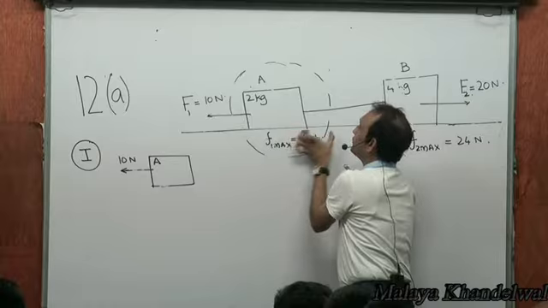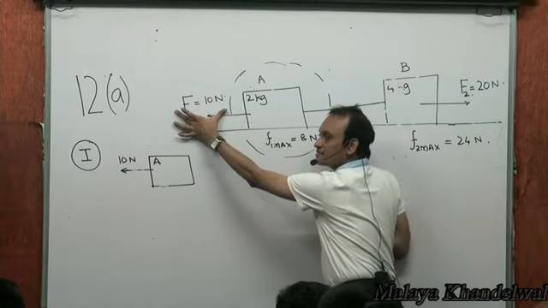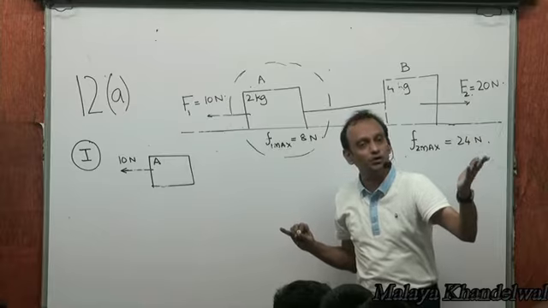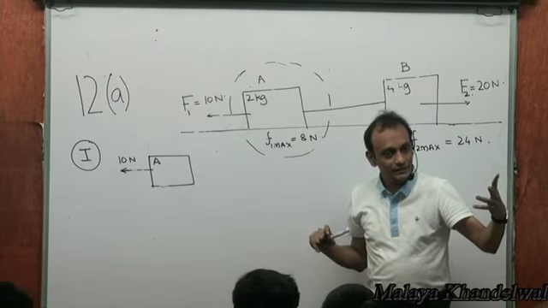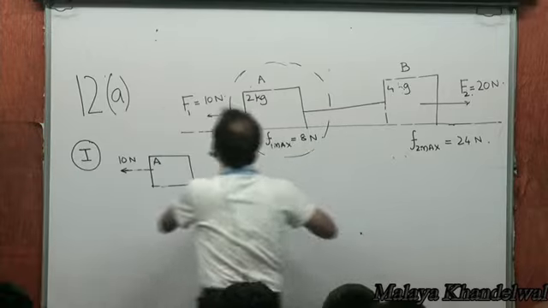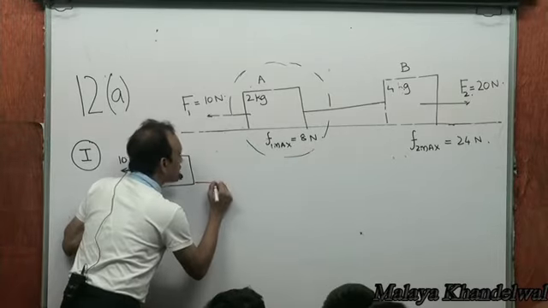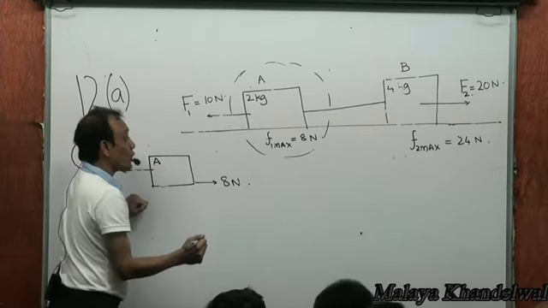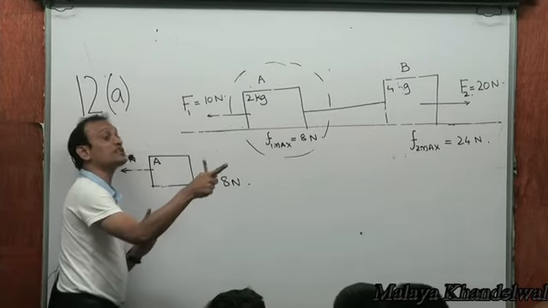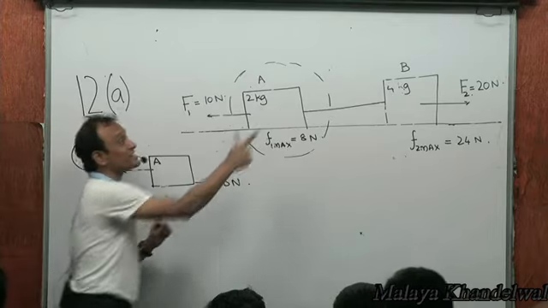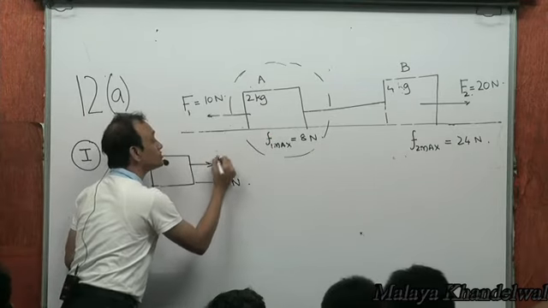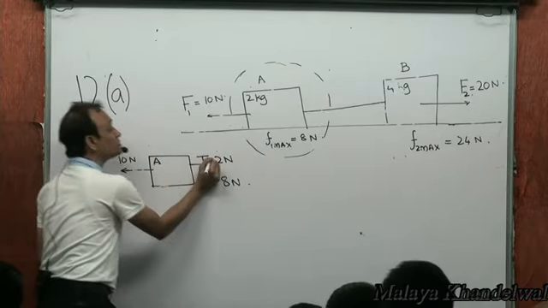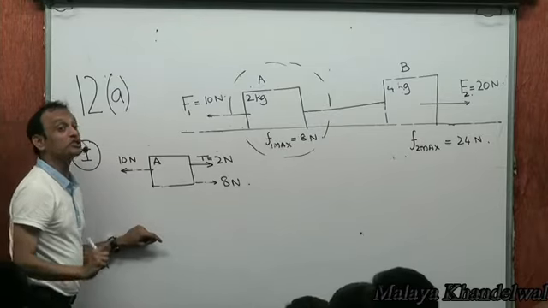Because first, friction will combat this, and only then tension will come into the picture. Let us say this 8 newtons has done its bit, its maximum, to combat this. But that's a maximum. The rest is taken over by the string. Tension 2 newtons then in the string. Let's see if this is possible.